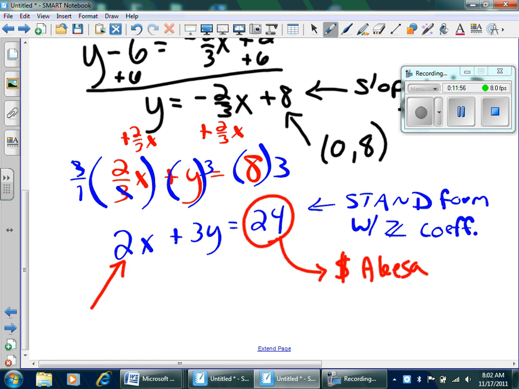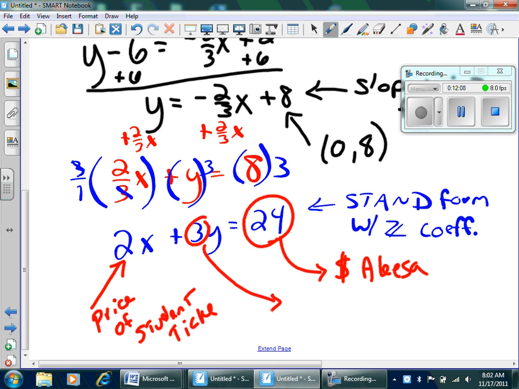This is the price of the student ticket, and the 3, the coefficient of y, is the price of the adult ticket. All from some basic equations that you already know. This is pretty powerful stuff.